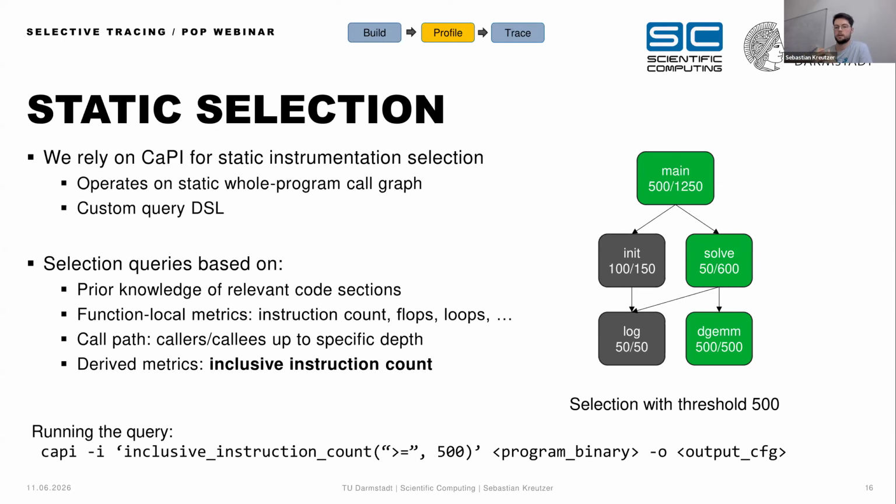And for the others, it's the sum of the subtree that's reachable. By defining a selection threshold, you can then exclude functions that have too few instructions from measurement. So down here, I'm showing a basic query that uses this inclusive instruction count with a threshold of 500.